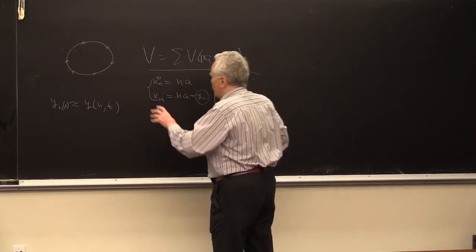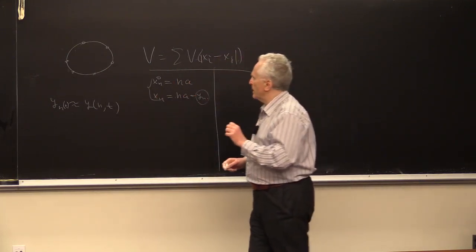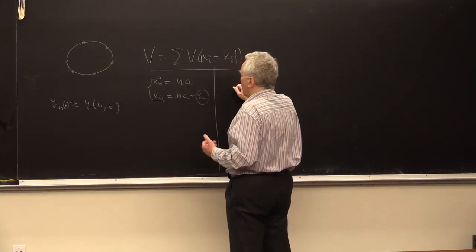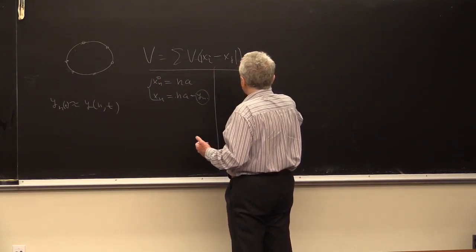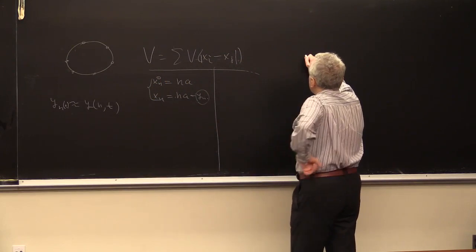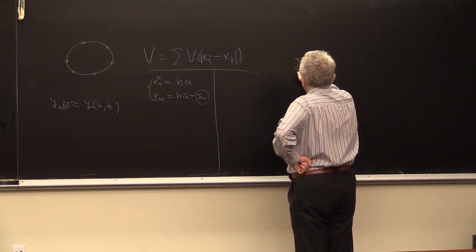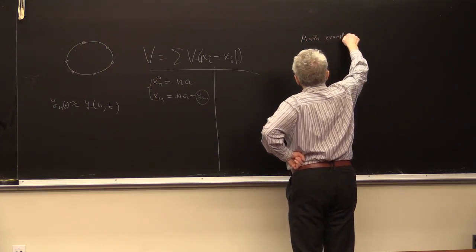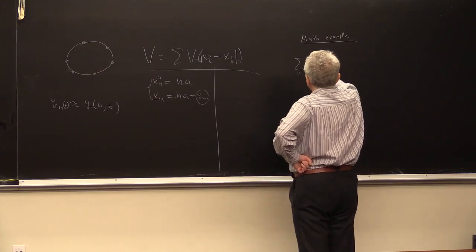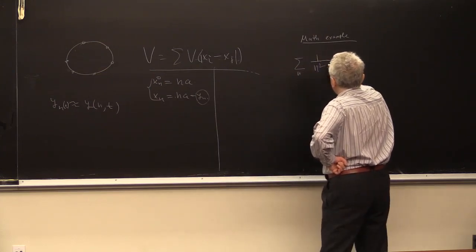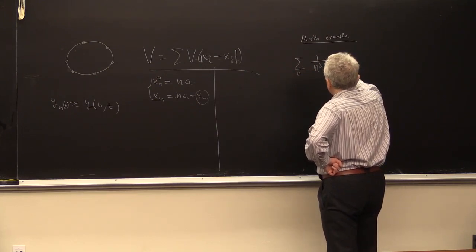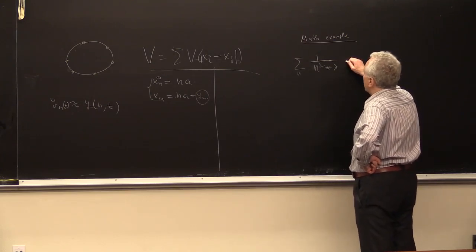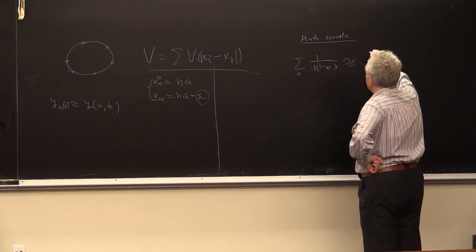But let's return to this crystal example. Let me give you first a purely mathematical thing. Let's suppose we have a sum. So, math example, for example, the sum of 1 over n squared plus some lambda. When can we approximate it by an integral?